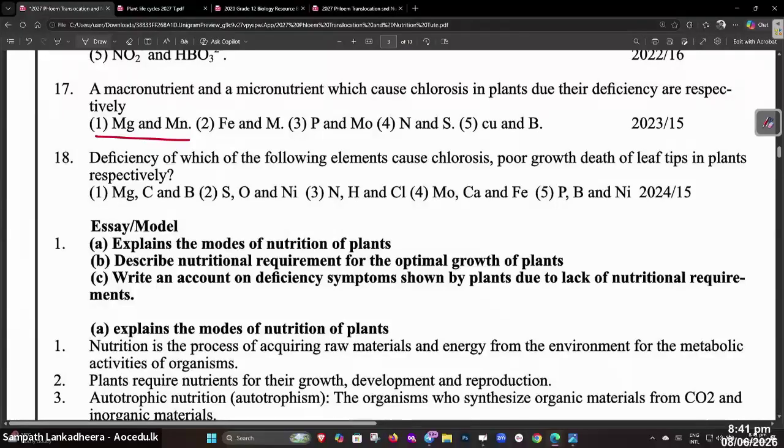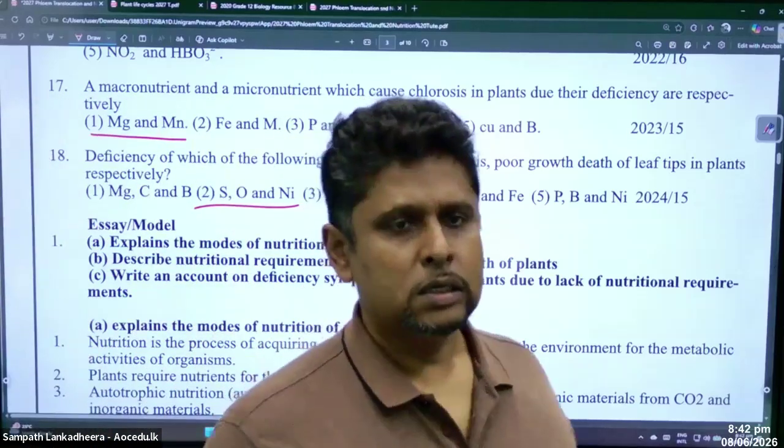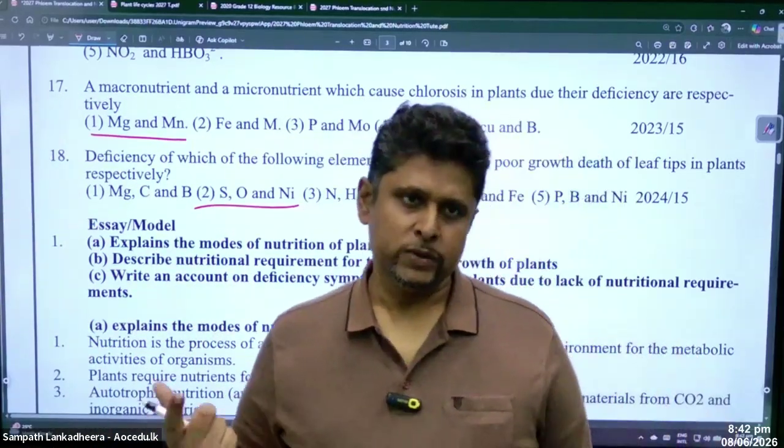Then we depend on the last one. Death of the leaf tips occurs with nickel, so the answer goes to the second one.